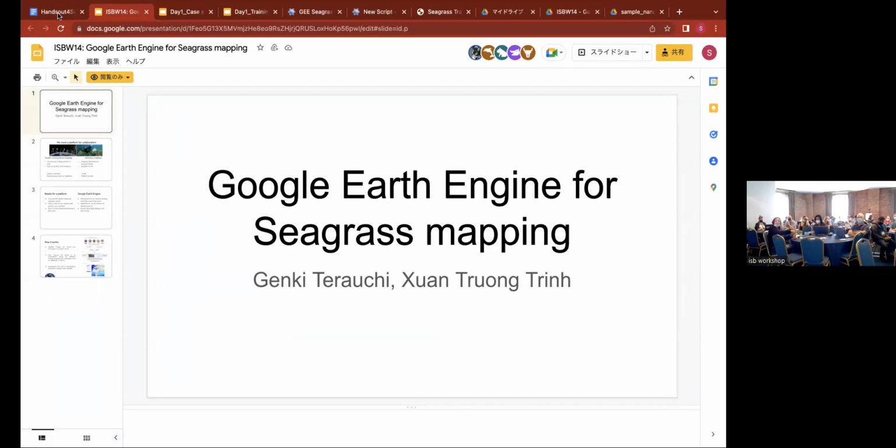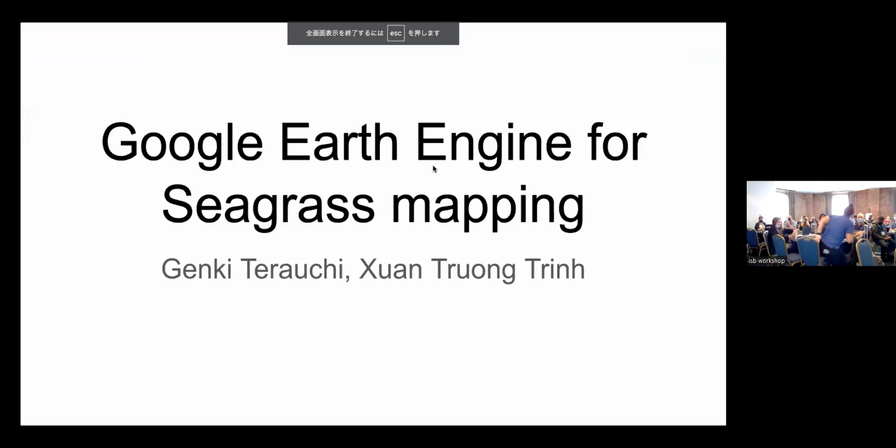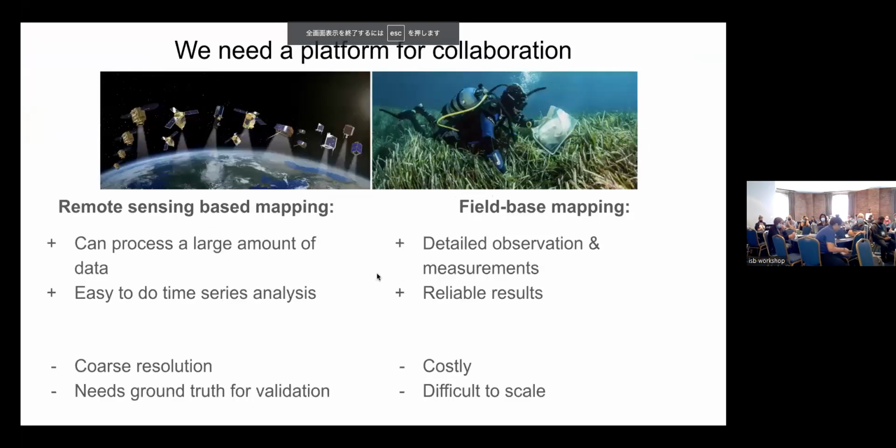We can easily do country-wide mapping. We can do time series of 30 years. We can go back in the past and see how seagrass has been changing until now. And we can do that repeatedly, and it's cost effective, it's cheap, but the resolution is coarse. We don't see that well, and we need a lot of ground measurement for validation.